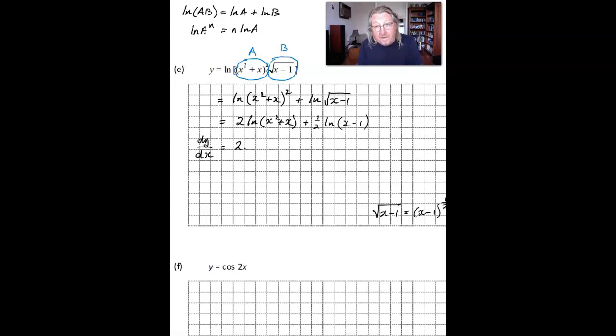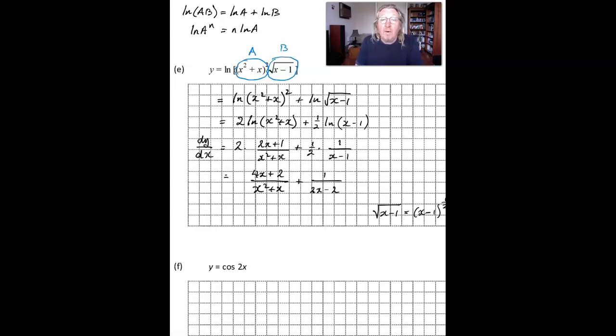The derivative is f dash x over f(x). f(x) is x squared plus x, so the derivative of that is 2x plus 1 over f(x), which is x squared plus x, plus a half is a constant, just comes along for the ride. f(x) here is x minus 1, the derivative of that is 1, so it's 1 over x minus 1, and just tidying that up becomes, you can make that say 4x plus 2 over x squared plus x plus 1 over 2x minus 2, but not essential to simplifying that last step.